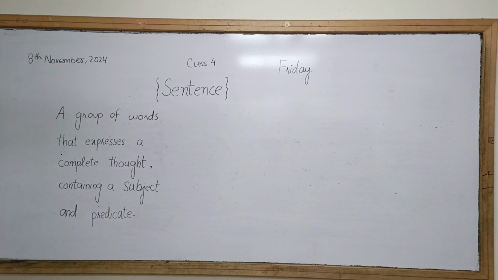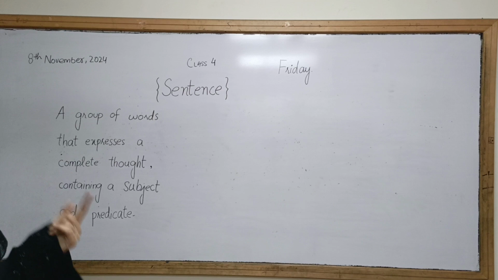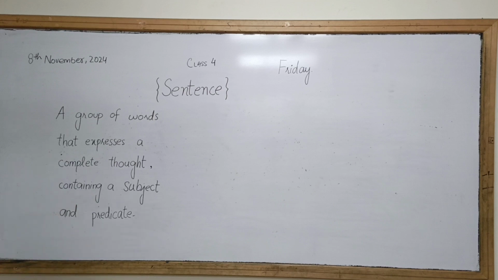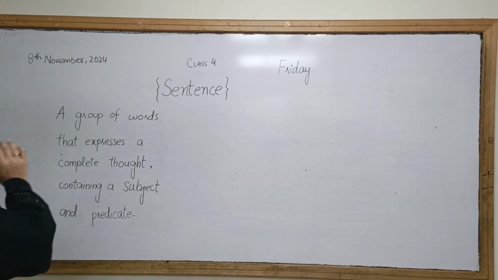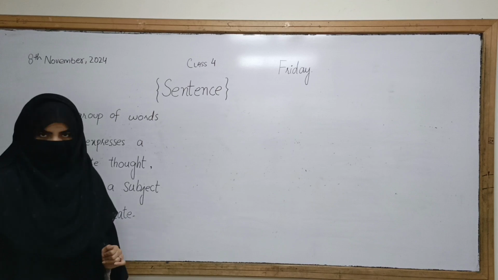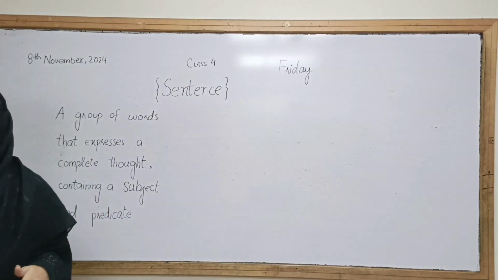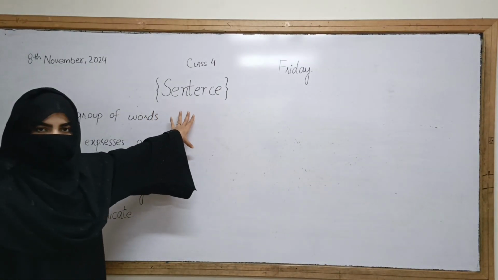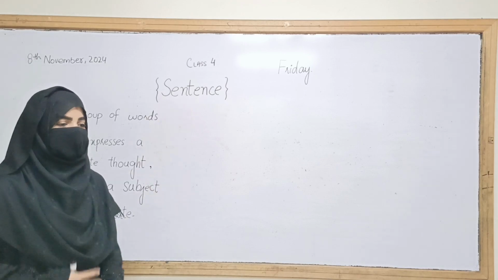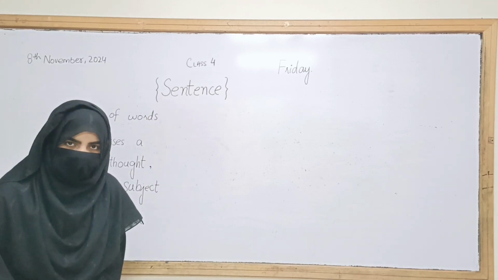Okay? I will explain what sentence is with the help of the definition that is mentioned on the board. Then we will move further towards the explanation and the examples associated with it, and then in the end, most importantly, I will explain the structure of the sentence. The different kinds of structure associated with the word sentence, so that you can learn and identify it easily and properly. Okay?